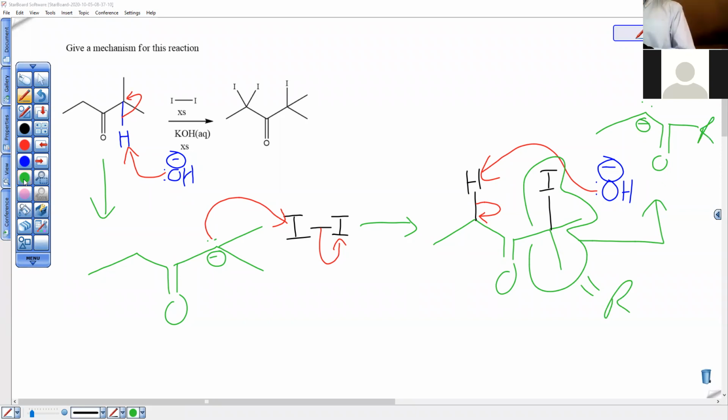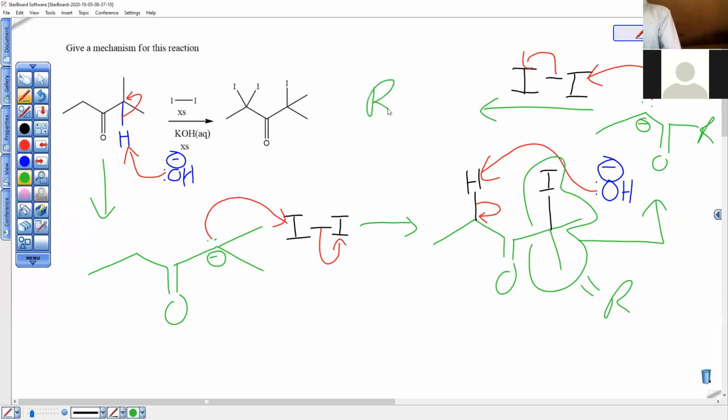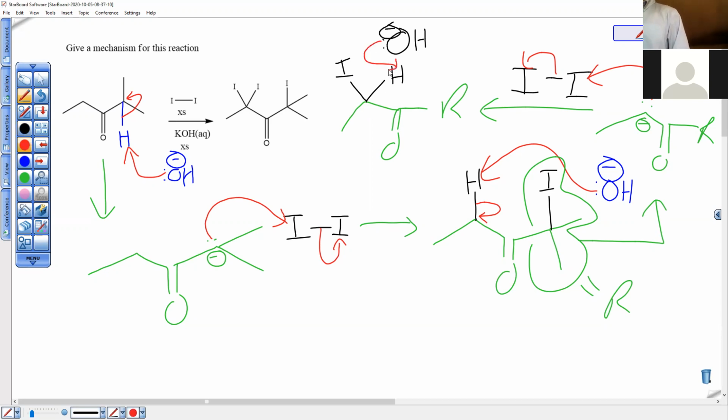That anion is going to attack I2. And we're almost there, aren't we? Oops, R's not over there. Got an iodine. Got an H. And take the H off. Mole number 3 of hydroxide going up here.